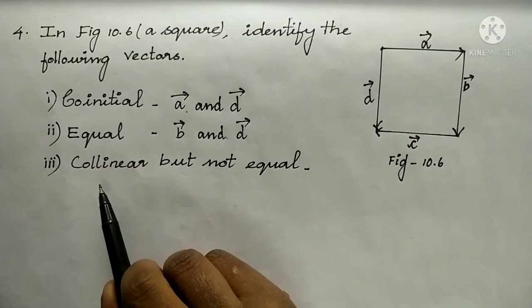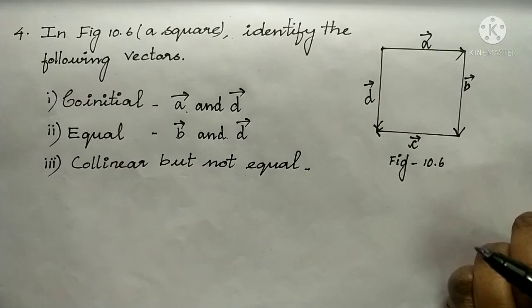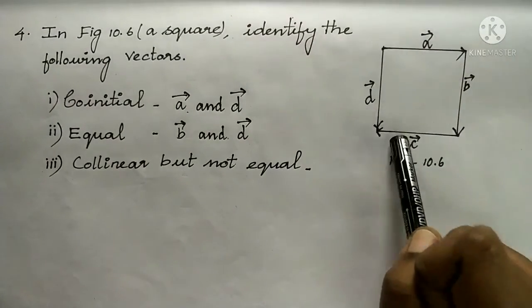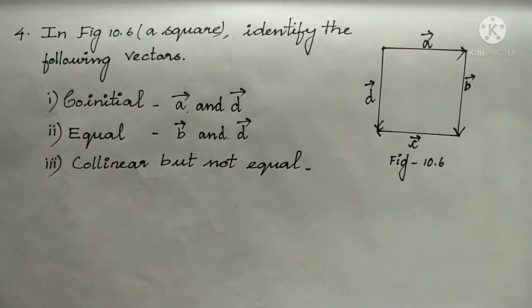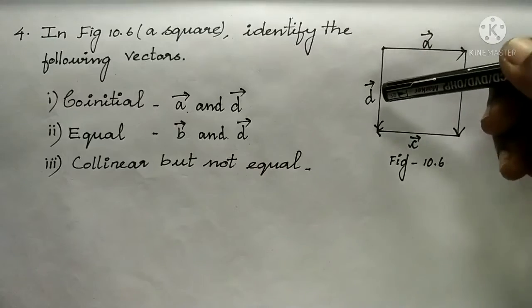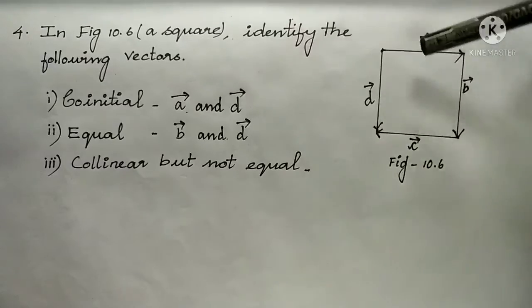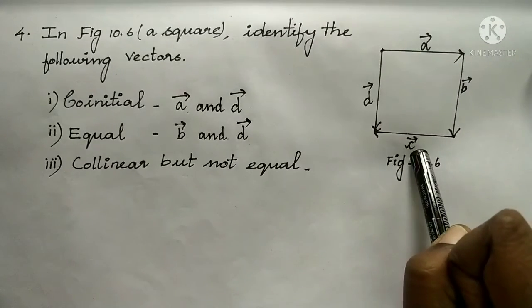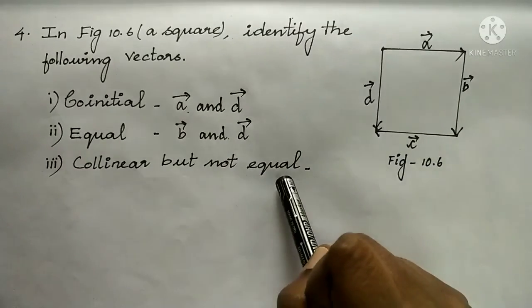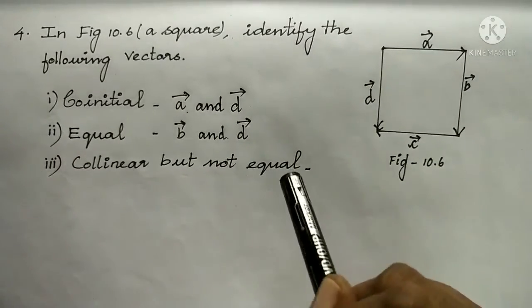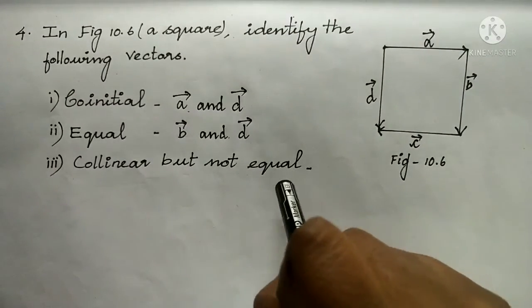Next, we are going to identify collinear but not equal. We know the definition for collinear. What is meant by collinear? Two or more vectors are said to be collinear if they are parallel to the same line. Here, if you look at the vectors D vector and B vector, they are parallel, and A vector and C vector are parallel. But at the same time, it should not be equal. Equal vector should have same magnitude and it should be in the same direction.